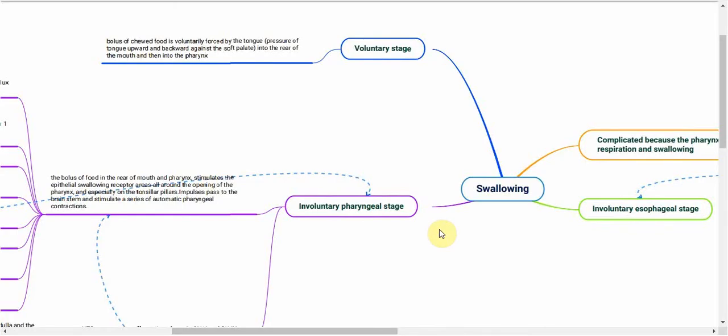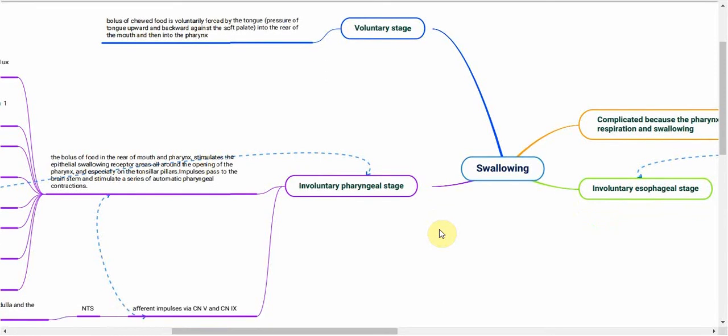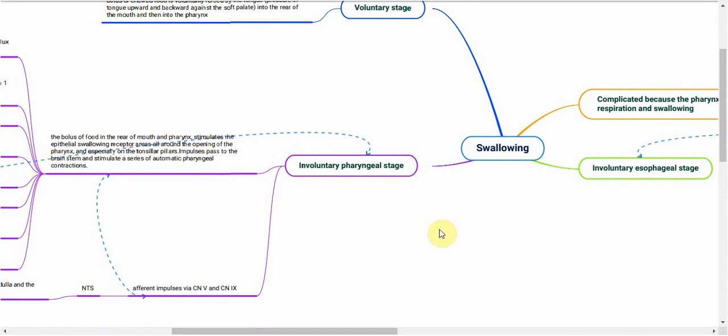So after the food has been propelled by the tongue into the rear of the mouth and then into the pharynx, the bolus of food in the rear of the mouth and the pharynx stimulates, what does it stimulate? Epithelial swallowing receptor areas that are all around the opening of the pharynx, and especially they are present on the tonsillar pillars.